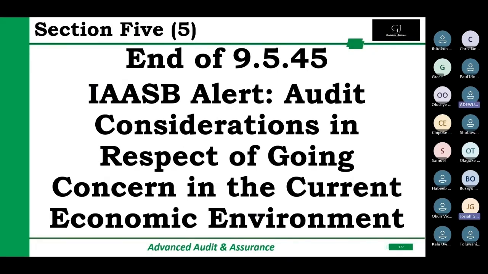So basically, as regards the explanation you just gave now. For instance, a company is a group of companies, and one of the subsidiaries, from the auditor's perspective, the way you explained it, is having a going concern issue, and the management are basically pointing to the auditor that it's a going concern.